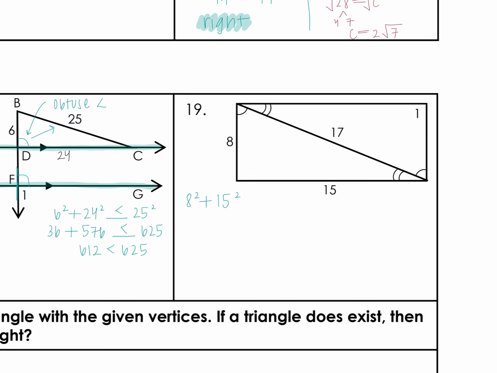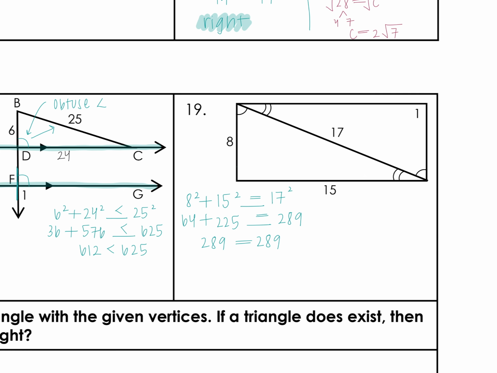And we'll have our 17 squared on the right side. So 8 squared gives me 64 plus that 15 squared, 225. And then my 17 squared is 289. So 64 plus 225 is going to give me 289, which will be equal to the 289 I got on the other side.